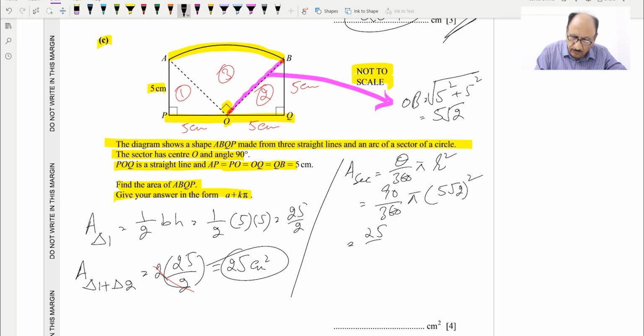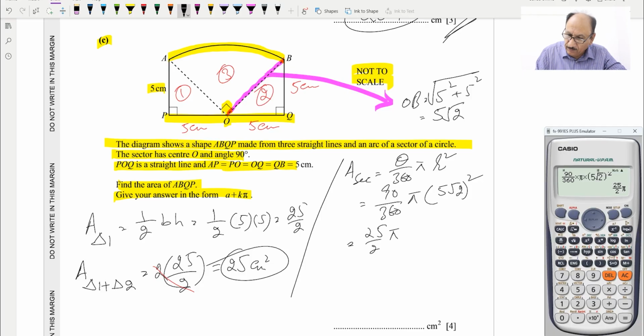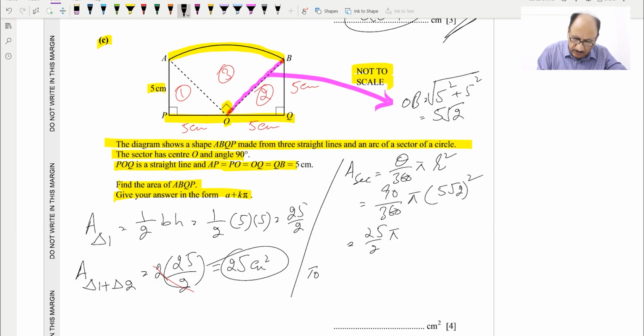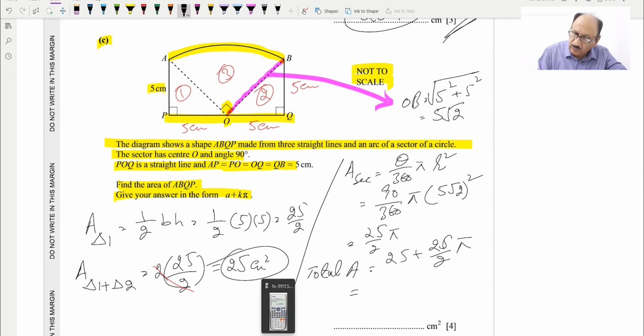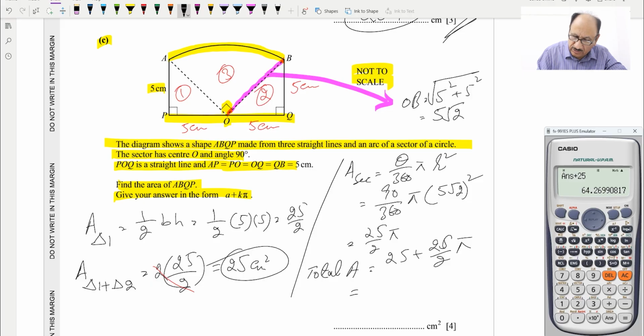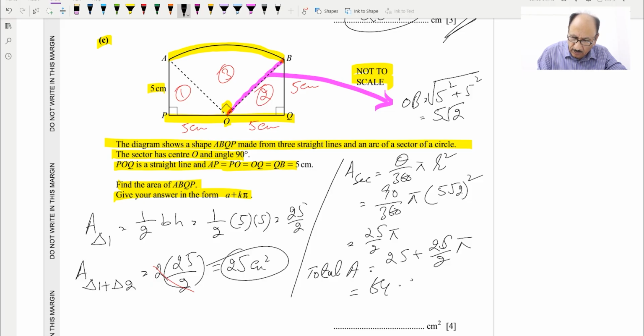So 25 by 2 pi, and we can add 25 to it. So we can write the total area is equal to 25 plus 25 by 2 pi, which is 64.27. 64.27 will be our answer.